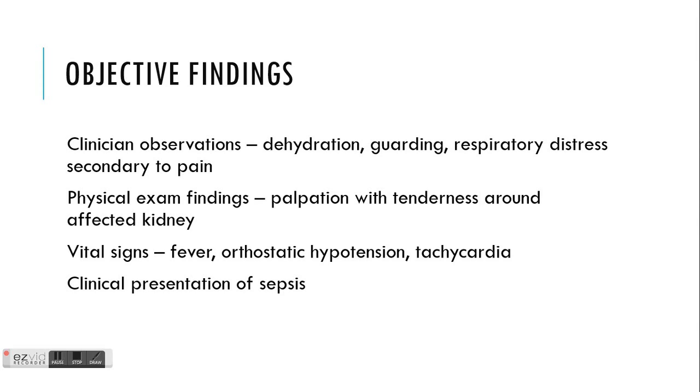Guarding: if it's a right or a left kidney, they'll certainly not want to have a lot of pressure or pain on that side, so they'll be guarding that area. Some respiratory distress secondary to pain. Any sort of inflammation in the kidney or any part of the urinary tract is certainly a painful process, so they might have shortness of breath because it hurts too much to try to take that nice full breath.